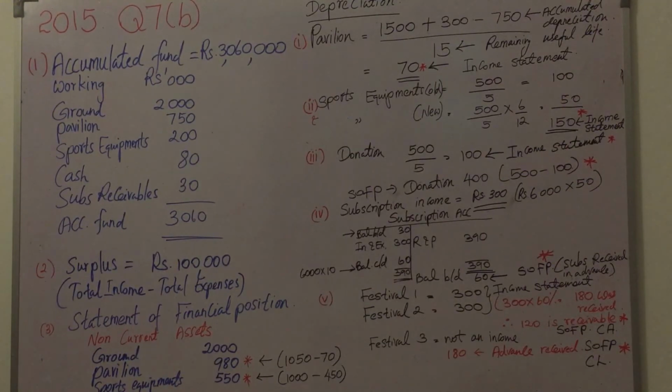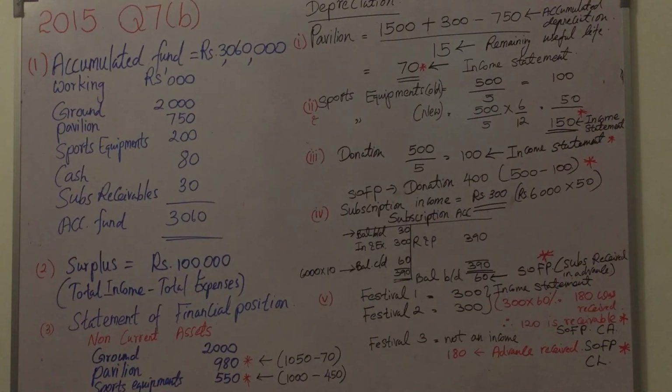Festival number 1 completed on 1st of July 2014. Receipt of cash during the current year, full amount including the advance was received. So this festival number 1, of course, completed during the financial year. So the total 300,000 is an income relevant to the period. So that goes to the income statement.